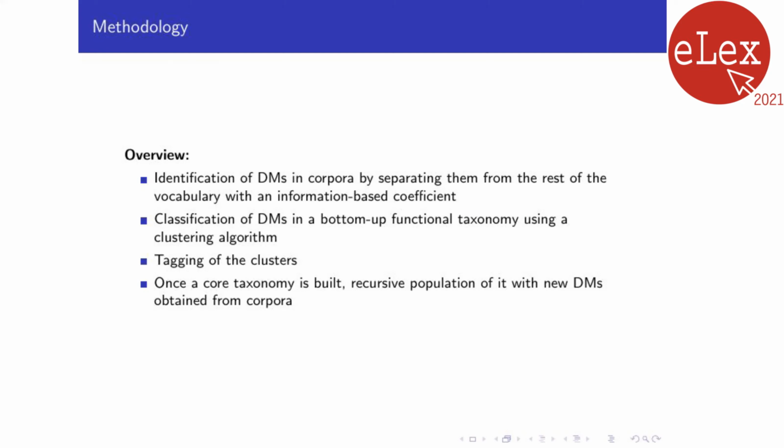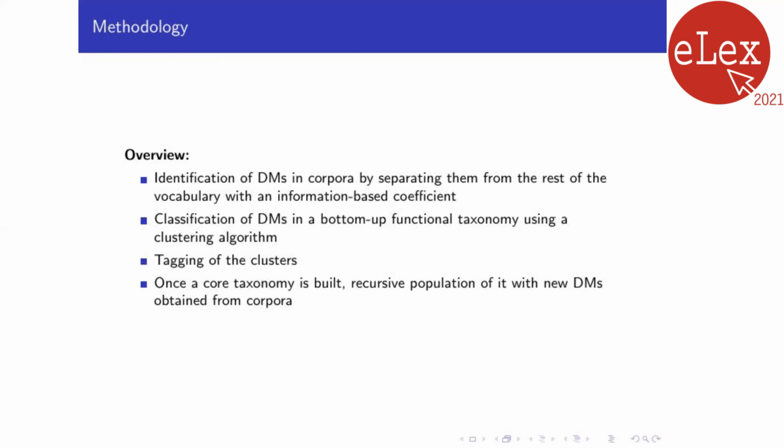These are the most important points of the methodology. We try to first separate these units from the rest of the vocabulary. Then we organize them in a taxonomy, and by a clustering procedure, we tag these clusters automatically with meaningful names. By this we make a core taxonomy, which is then used to slowly expand this research.